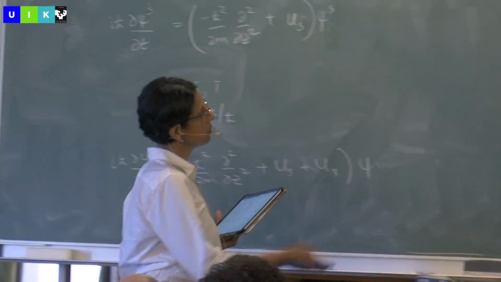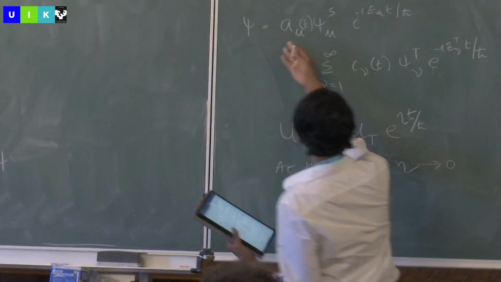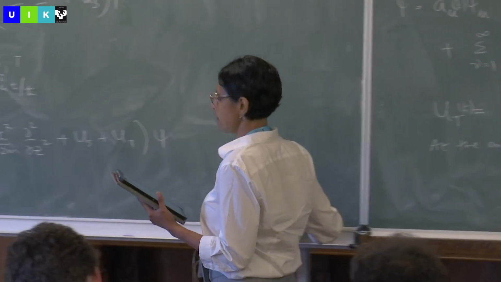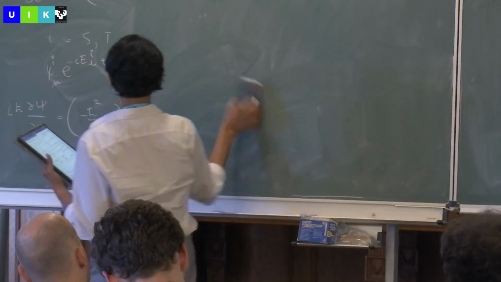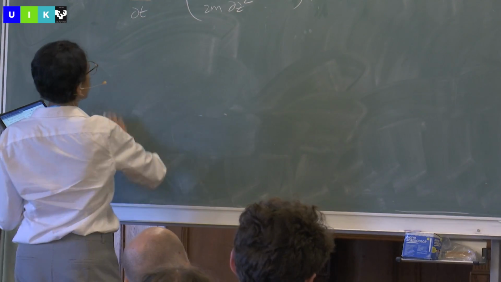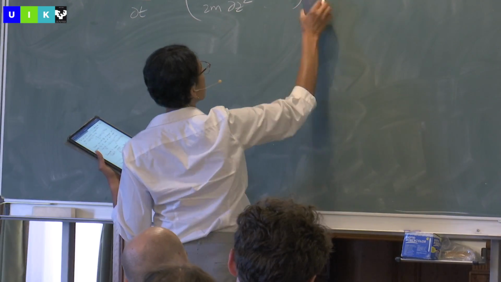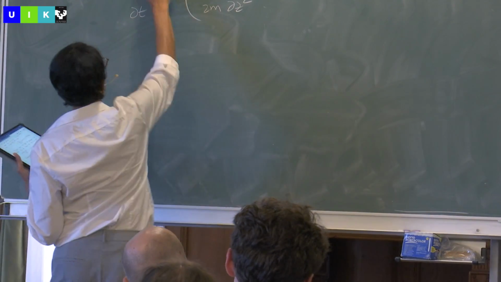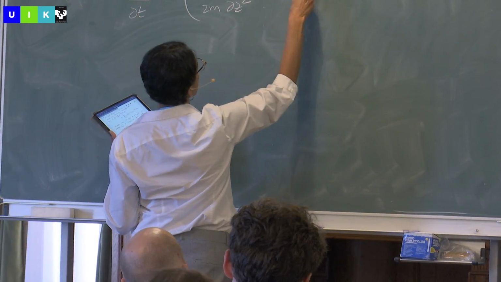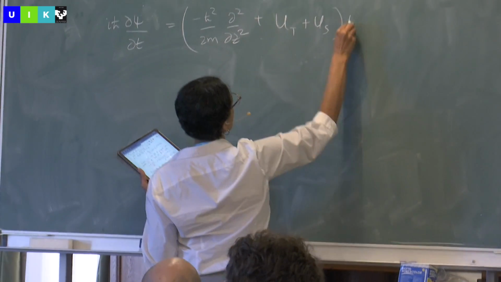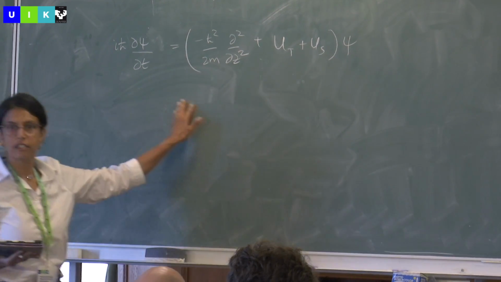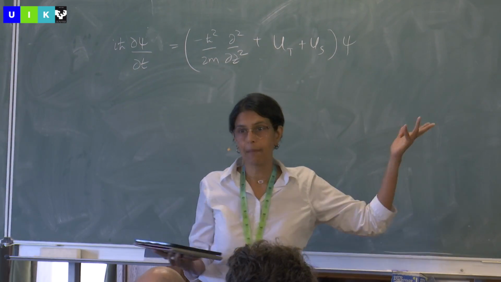Okay, so that's basically it. So this is your ansatz wave function, and now you do what you do for time-dependent perturbation theory. You insert that ansatz wave function into this full Hamiltonian.